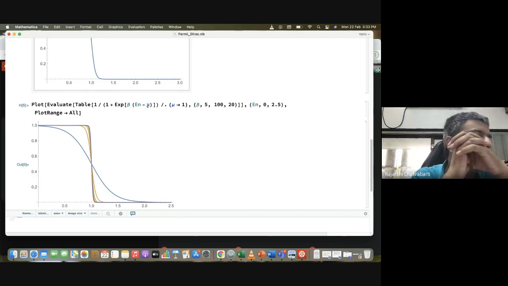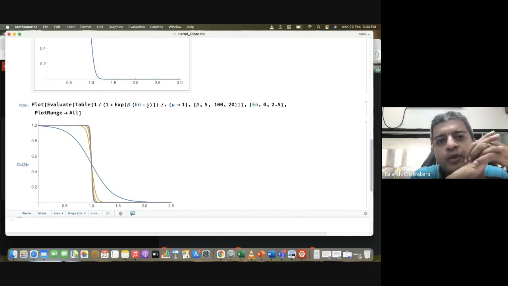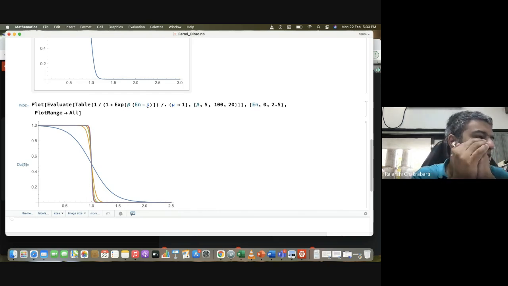What I did not do today in the course is calculate the partition function for the Fermi gas or for the Bose gas. So I hope you can go and try to compute the canonical partition function for the Fermi gas. What should be the canonical partition function for the Fermi gas?